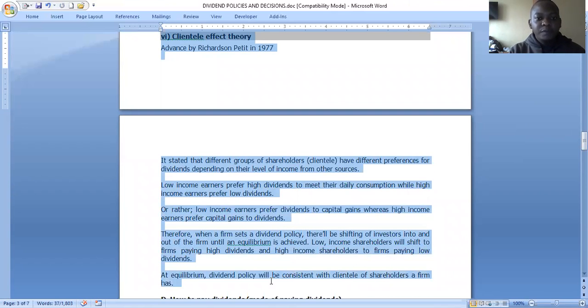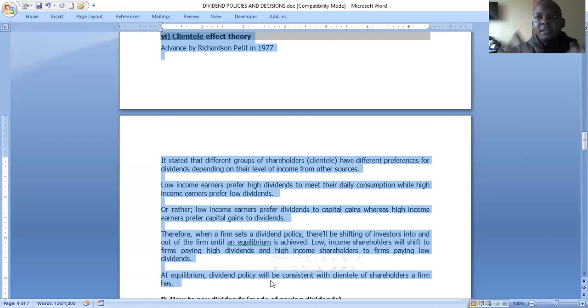So according to the clientele theory, the shareholders of a firm are the ones referred to as a clientele. So the clientele theory refers to the shareholders as the clientele. This theory assumes that the clientele can be split into different groups.